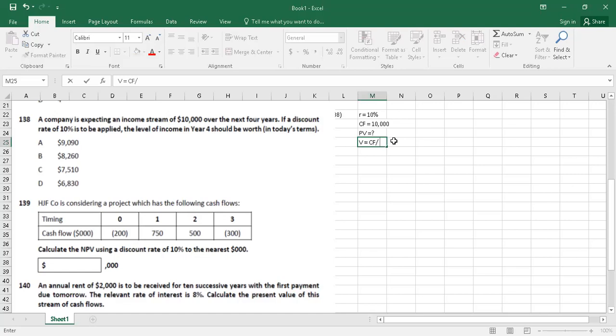I'll explain to you the logic. 1 plus r whole to the power of, here it is n.